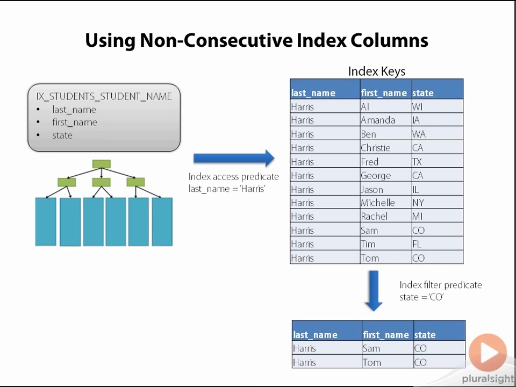So this is more efficient than performing a full table scan, but not as efficient as if we had a condition on the first name and could have even further reduced the number of values that we needed to read from the index. Remember though, all of this is predicated on how selective the first column in the index is. If Oracle doesn't feel that that column is selective enough, then it may decide that a full table scan is more efficient. It really just depends on the distribution of data in your database.